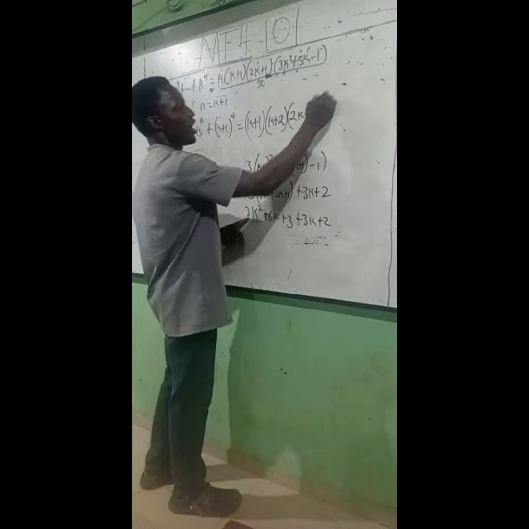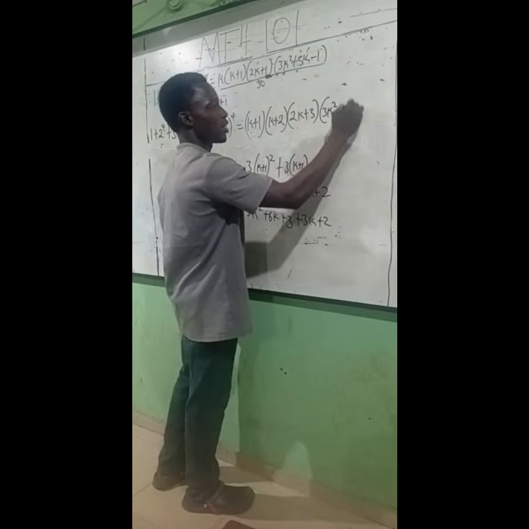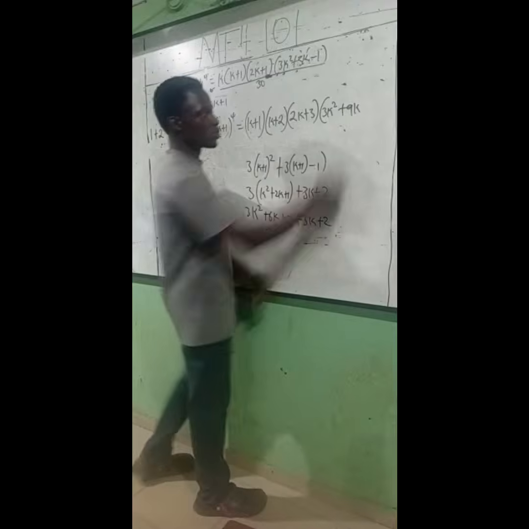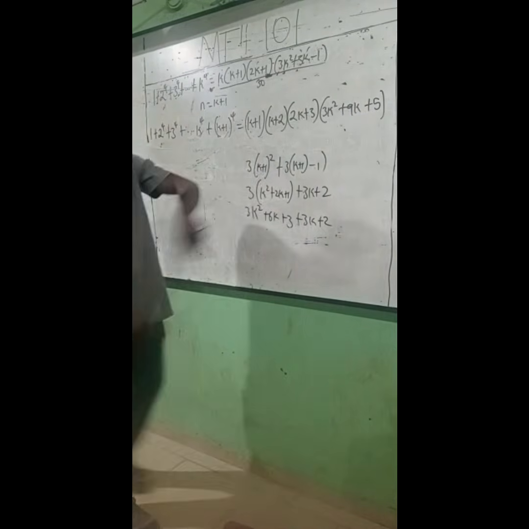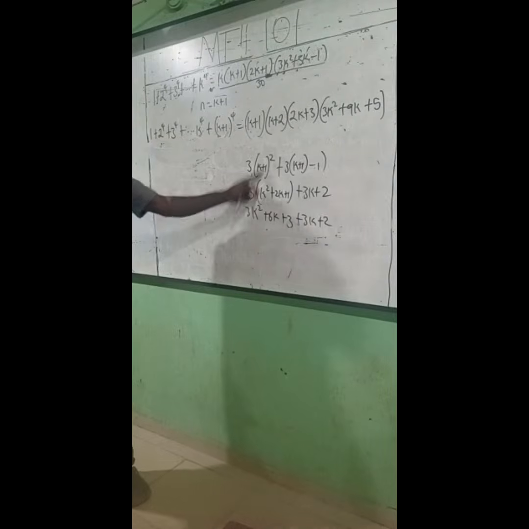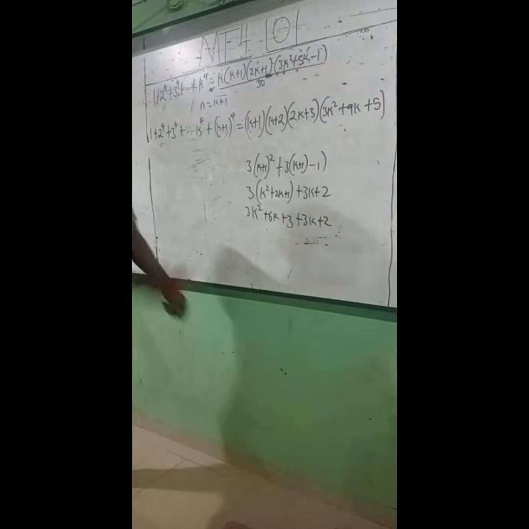So here we have 3k squared, 6k plus 3k, 3 plus 2. You can just write it directly, you don't need to show all this. I'm just writing out 3n squared plus 3n minus 1. If you expand it, you will get this. So that's that for that.